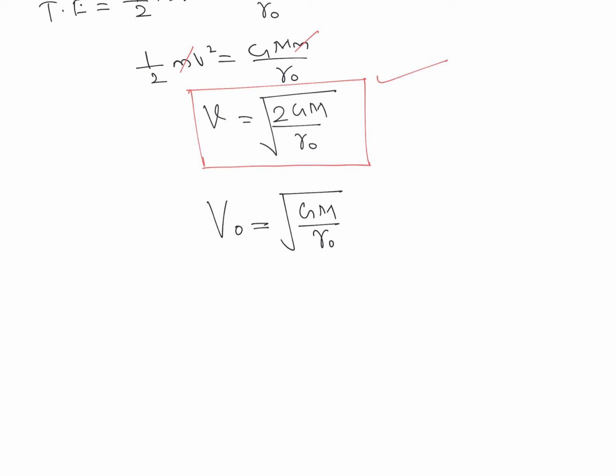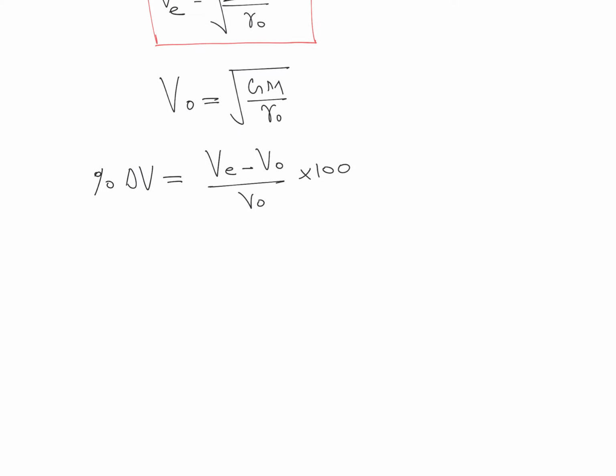So sometimes they ask for the percentage change in velocity so that the satellite is able to escape. Initially the satellite was moving with velocity V0, and now it is moving with the escape velocity VE. Percentage change is the final velocity minus the initial velocity, divided by the initial velocity, into 100.